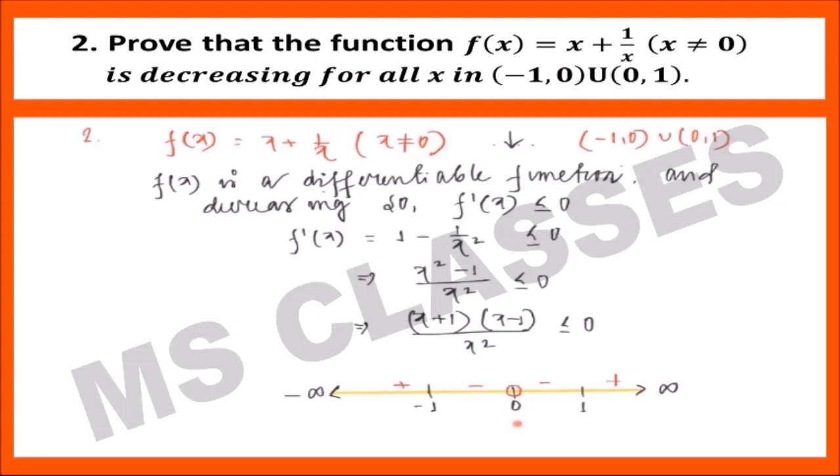What we observe here is that we need less than or equal to 0, which we get in minus 1 to 0 and 0 to 1. Because in this region, f(x) is decreasing. So for all x belonging to minus 1 to 0 union 0 to 1, f(x) is decreasing.